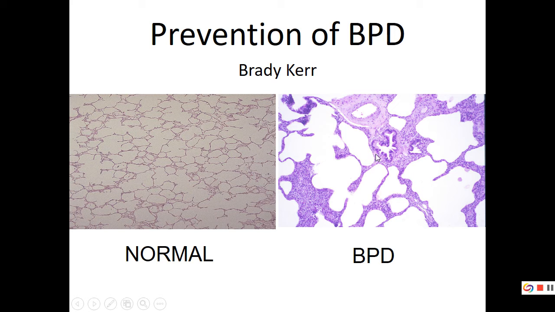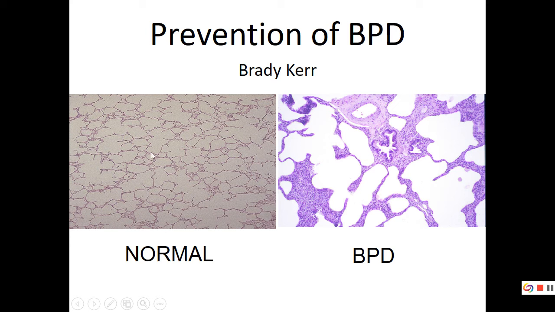Contrasted with a pathologic slide of an infant with BPD, you can see that the alveoli are smoother, they're less hexagonal or polygonal. Here's some blood vessels right here. This is the muscular wall. It's hypertrophied on these blood vessels. The interstitium is thickened, and there's lots of these tiny little purple dots. Those are inflammatory cells.